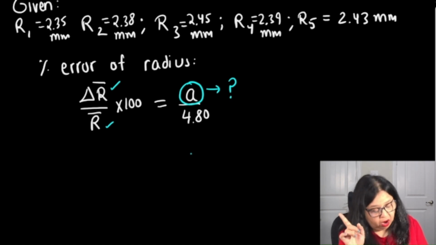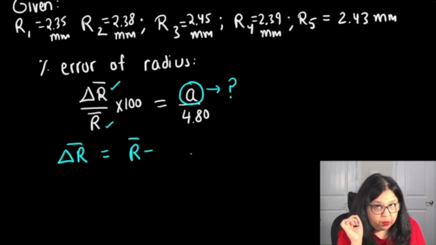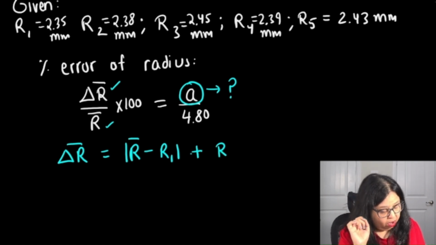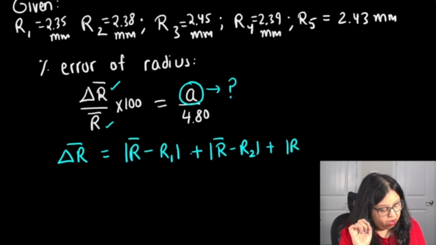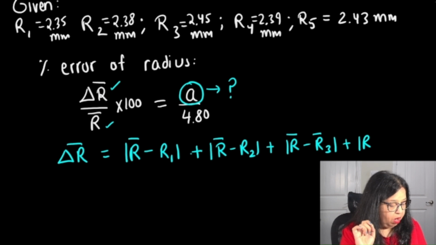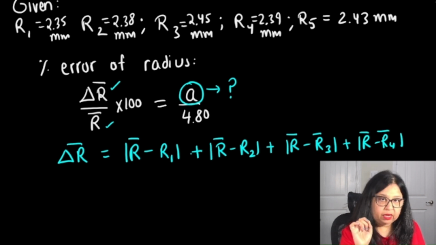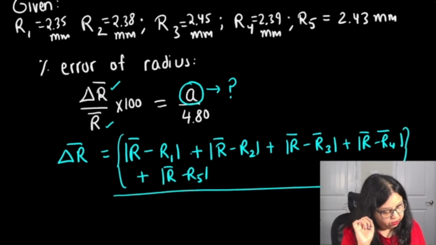So delta R bar is given at the top. What is delta R bar equal to? It is going to be the absolute value of R bar, which is the average value of R, minus R1, plus the absolute value of R bar minus R2, plus R bar minus R3, plus R bar minus R4, plus R bar minus R5, all absolute, and all of this divided by what?